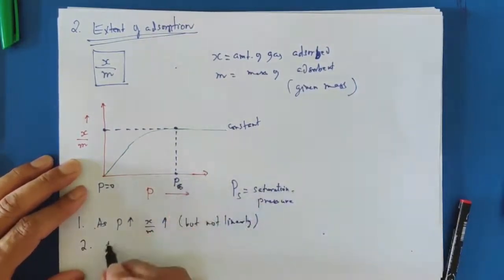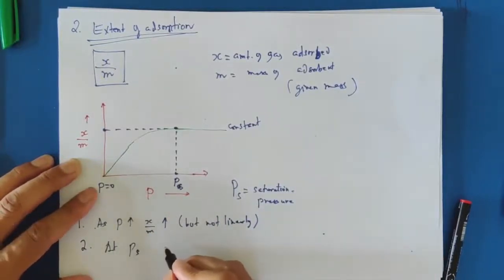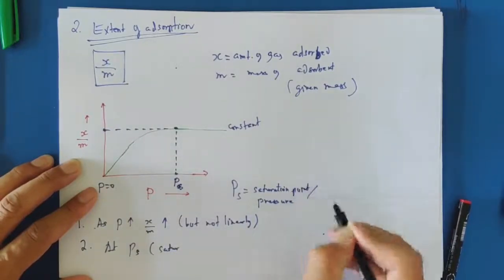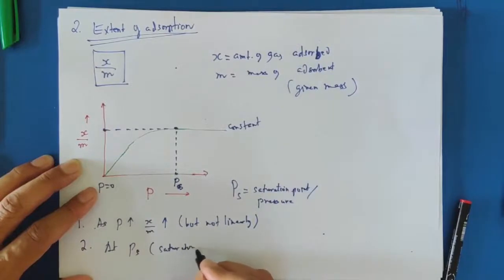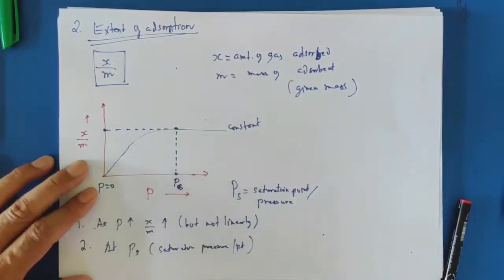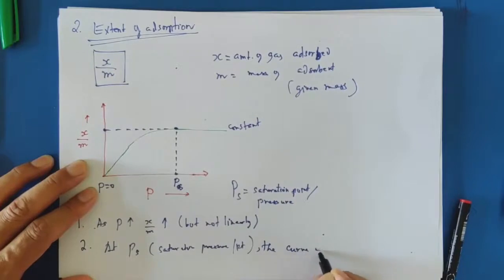At point PS, point number 2, which is called the saturation pressure or saturation point of pressure, the curve is constant.